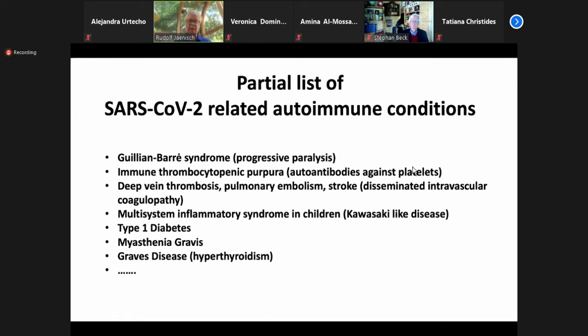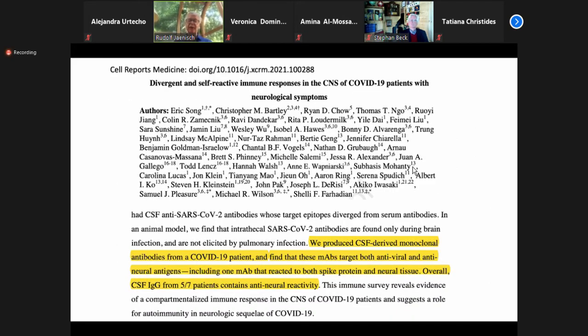Where does it come from? I was interested to see this paper, I know, a few weeks ago, where they looked at only 7 patients, and they isolated B cells from the liquor of these patients and produced monoclonal antibodies from these B cells.